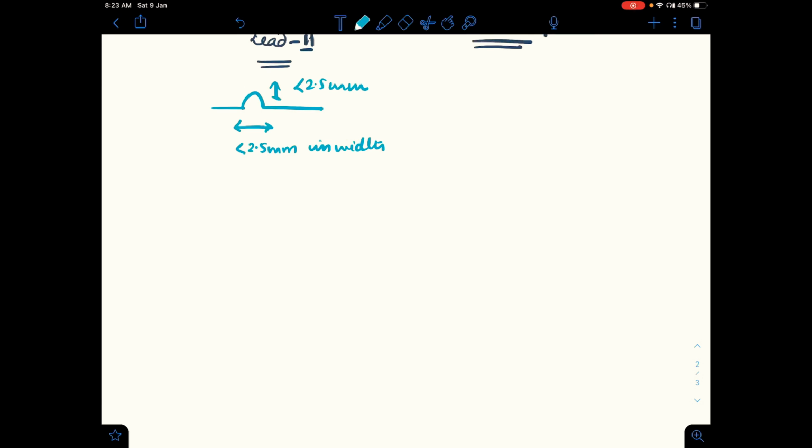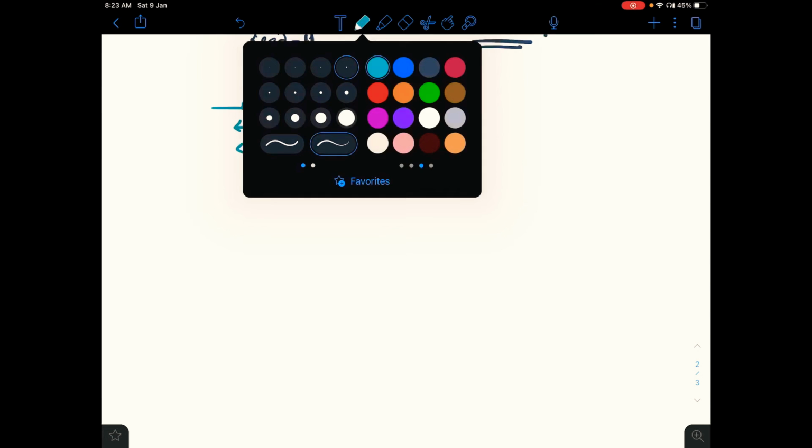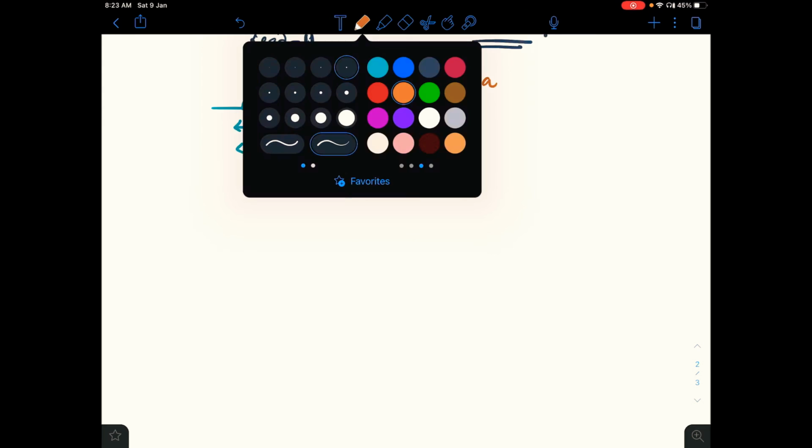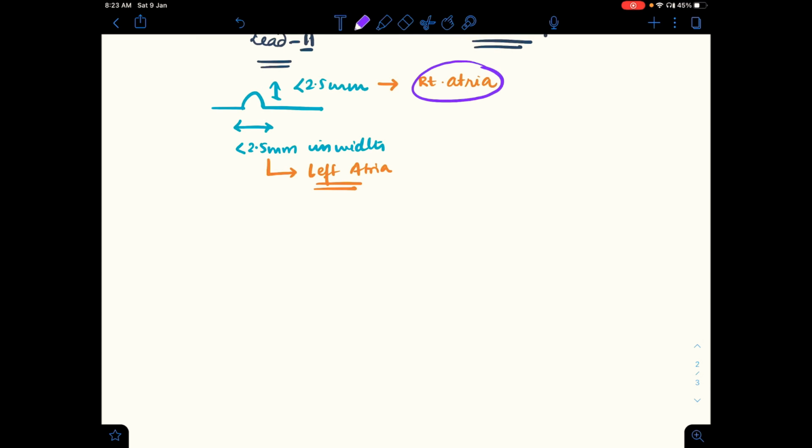Now the height is determined by the right atrium and the width is determined by the left atrium, because the right atrium is responsible for creating the sinoatrial spike, so it has to generate the electrical rhythm.